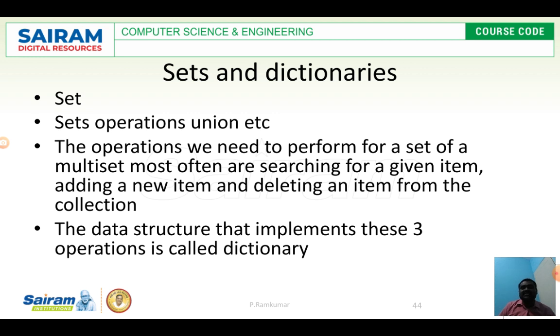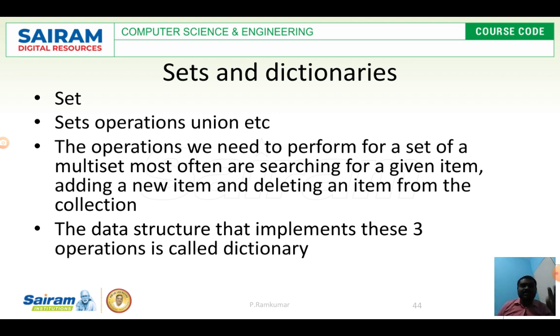We can represent any other thing as a set, and we perform union and intersection operations, and many operations are associated with sets. Union means if two different sets are available, set A and set B, then A union B is the collection of both sets. That is, we write all the elements from set A combined with all the elements from set B.